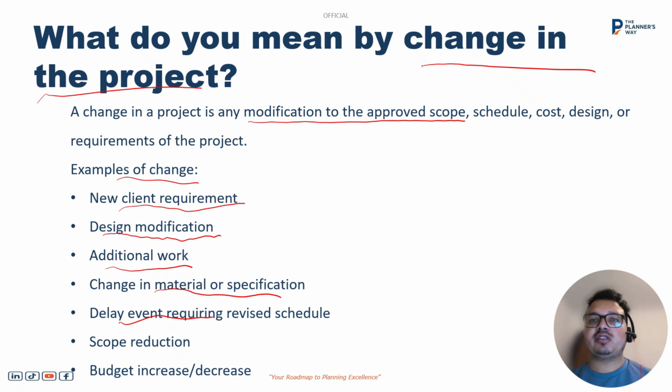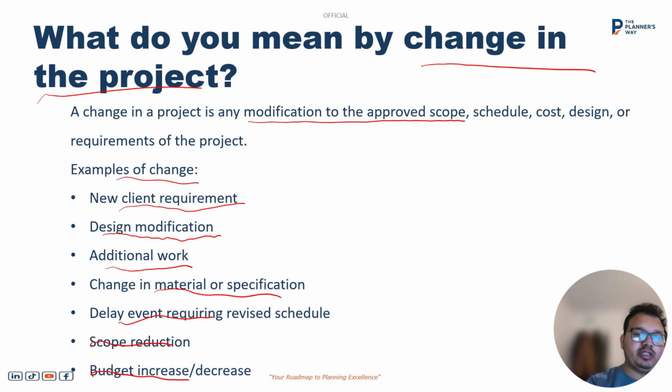Delay events: some external approval needs to be obtained from an external factor which is not in the client's or contractor's hand, then it may cause delay in the project and that may impact your schedule. Scope reduction: sometimes the client realizes that we need to reduce some scope in the project, then they will need to cut some scope and that will change the project.